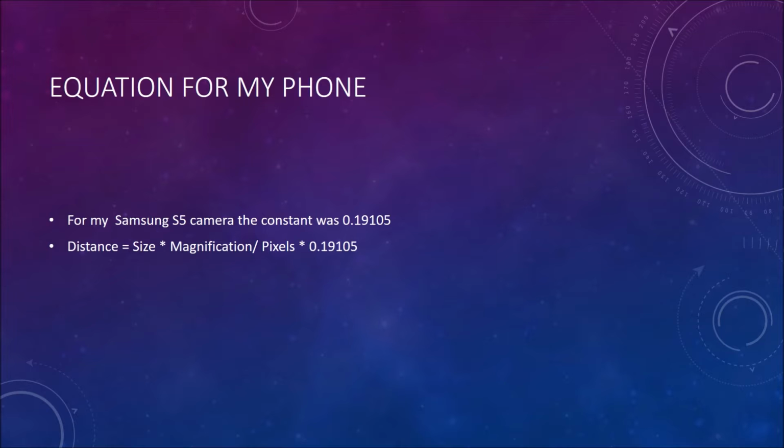Now, one thing to mention is that the size that you're using here is a known size. So, for instance, if I looked in my field guide, I might find that a certain bird is 21 centimeters long, and then I would go and measure this in my picture in terms of the number of pixels. Now, it could be that these dimensions are actually quite different.